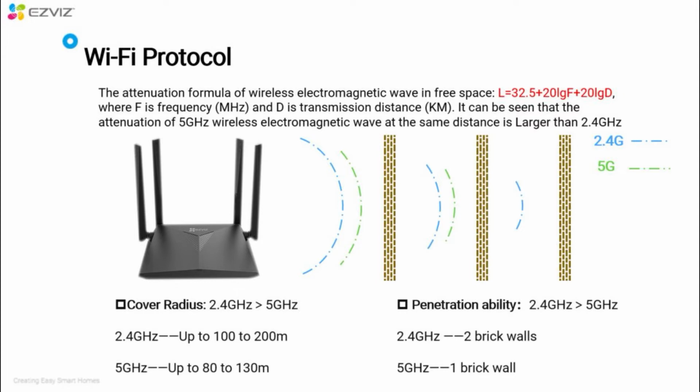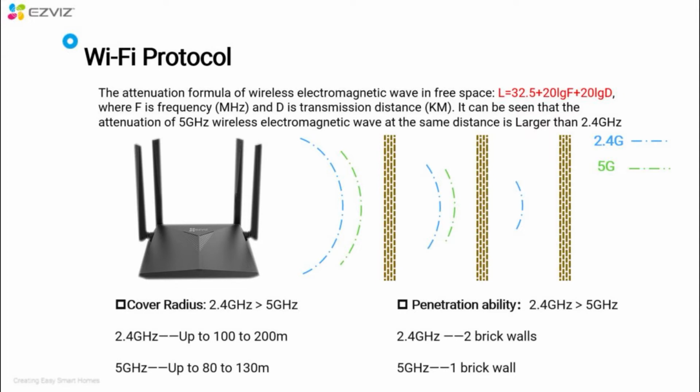In the coverage radius, the 2.4 GHz is up to 100 to 200 meters, while the 5 GHz is up to 80 to 130 meters. So we can see that the 2.4 GHz signal coverage is wider than the 5 GHz.